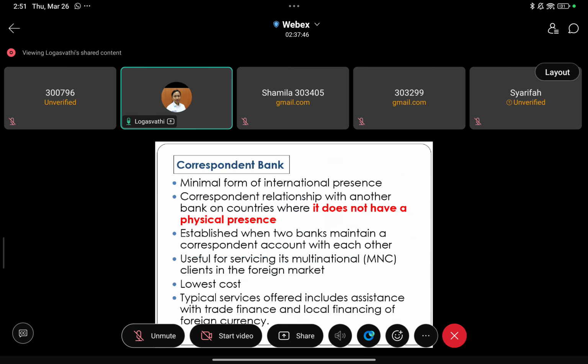Let's say CIMB wants to send a letter of credit to, again, Brazil. Okay, previous class I used Brazil, this class also I use Brazil. But CIMB does not have a branch, does not have a representative office, does not have an agency. They don't have anything in Brazil.